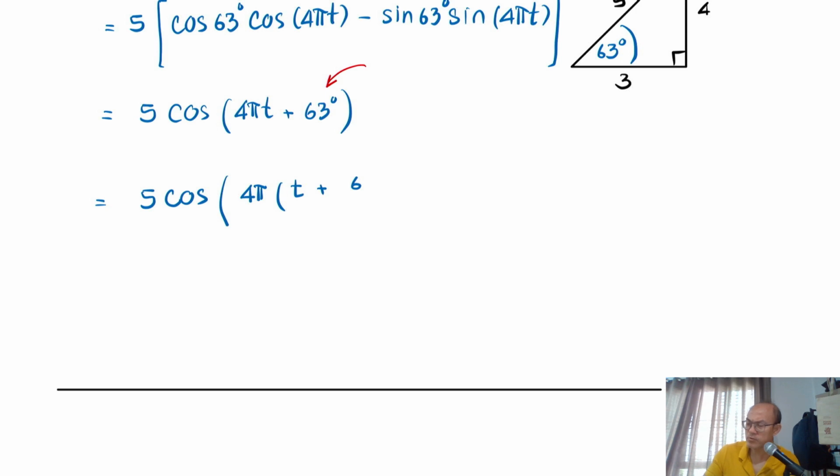So in radians we would have 63 over 180 pi, right? 63 over 180, so 6 radians. So 63 pi over 180 divided by 4 pi.